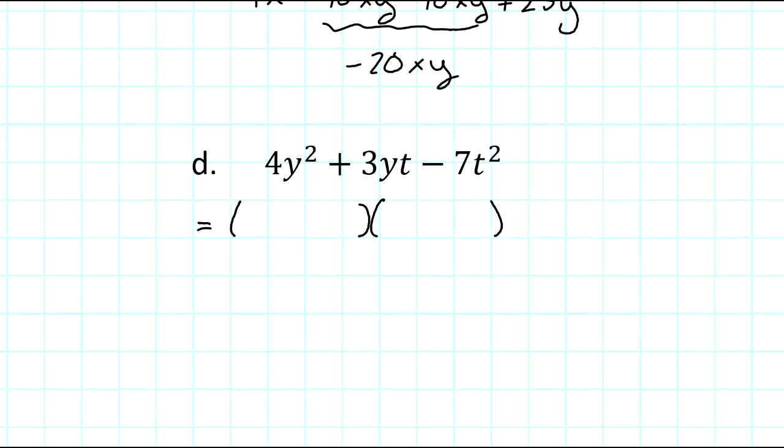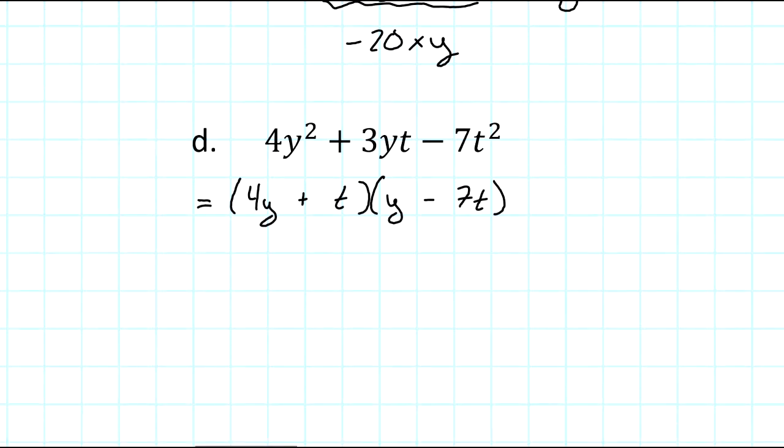So let's see, if I try a guess and check method, I could try a 4y and a 1y here, and then I would need a t and a 7t in the others, so that the last terms multiply to be 7t squared. And one would have to be positive and one would have to be negative.